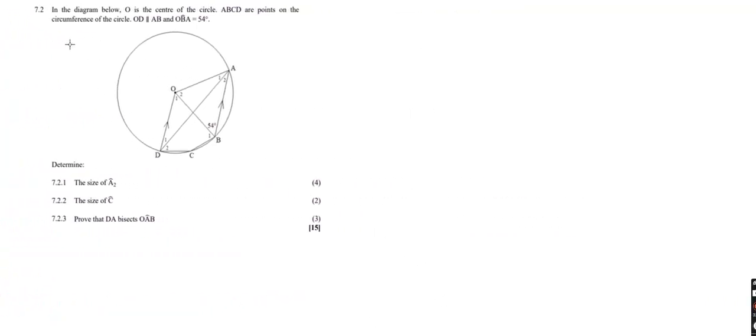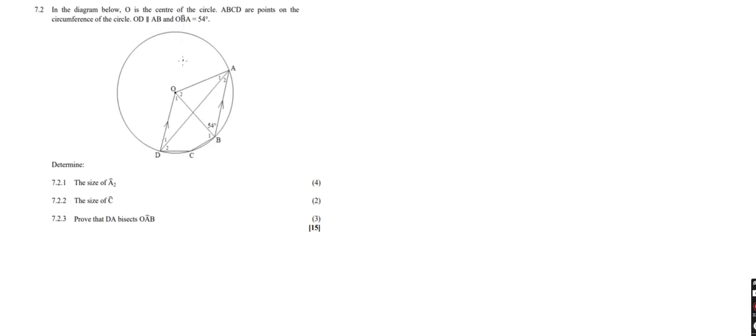We've got question 7.2. So they say in the diagram below, O is the center of the circle. A, B, C, D are points on the circumference of the circle. OD is parallel to AB. And so whenever we have parallel lines, we can now think of the alternating, corresponding, and co-interior angles.